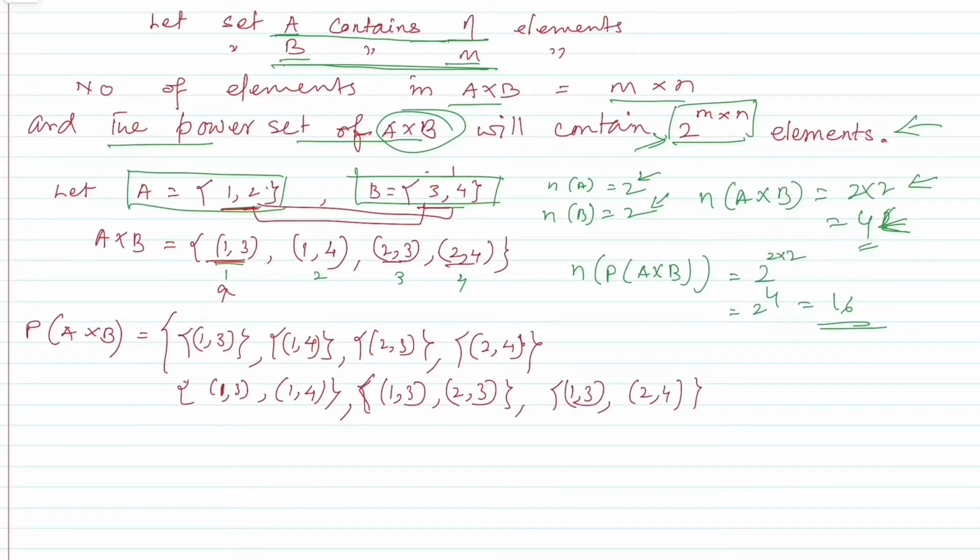Then the second and the third ordered pair, 1 comma 4 and 2 comma 3. Then the second and last ordered pair, that is 1 comma 4 and 2 comma 4.